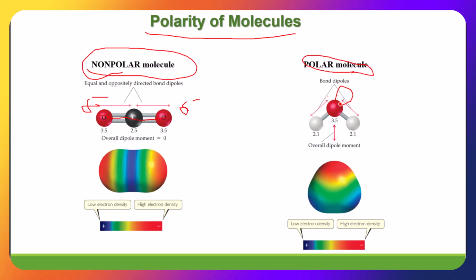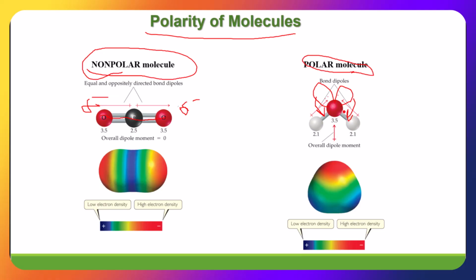The reason this molecule is bent is because of those non-bonding pairs of electrons. Remember, valence shell electron pair repulsion theory, VSEPR theory, says that electron domains will repel each other. So these non-bonding electrons are pushing the bonding electrons out of the plane, and so what you have is a bent molecule.